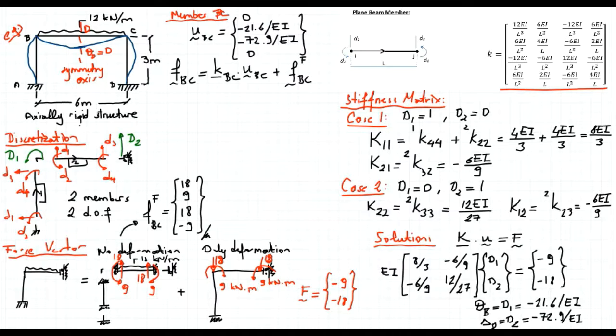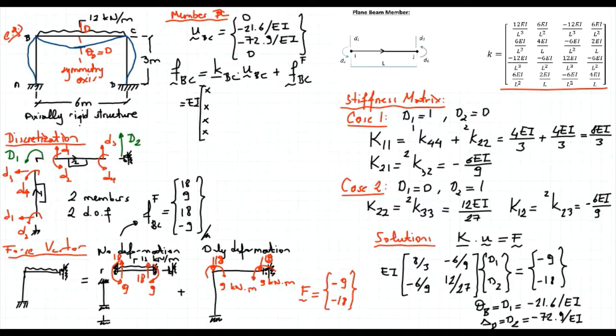Now, in order to perform K times U, I have to multiply this matrix with the member end displacements. So if you think about it, this row will be multiplied by this column. So I won't be using any of the coefficients in the first column and in the fourth column, but I will be using all the coefficients in the second and the third columns. So I will just calculate these coefficients. That's equal to EI in parentheses.